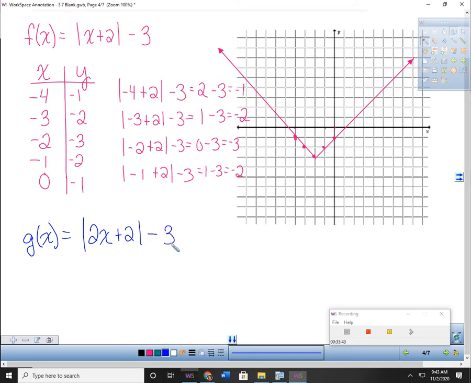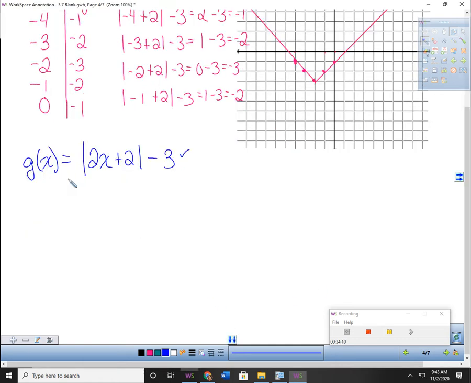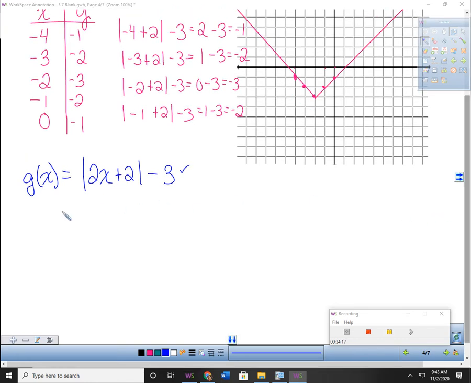So if you look between this graph and this graph, the only thing that's different is I'm multiplying by a 2 here. So I'm still shifting left and down, right? But now I'm going to make it either skinnier or wider, right? Just depending on what we've multiplied by. So I'm stretching or shrinking. So I'm going to stick with the same numbers, and then if we have to adjust, we can. I think this one, because we're multiplying and adding at the same time, it might pull that vertex up just a little bit. We'll just have to see.